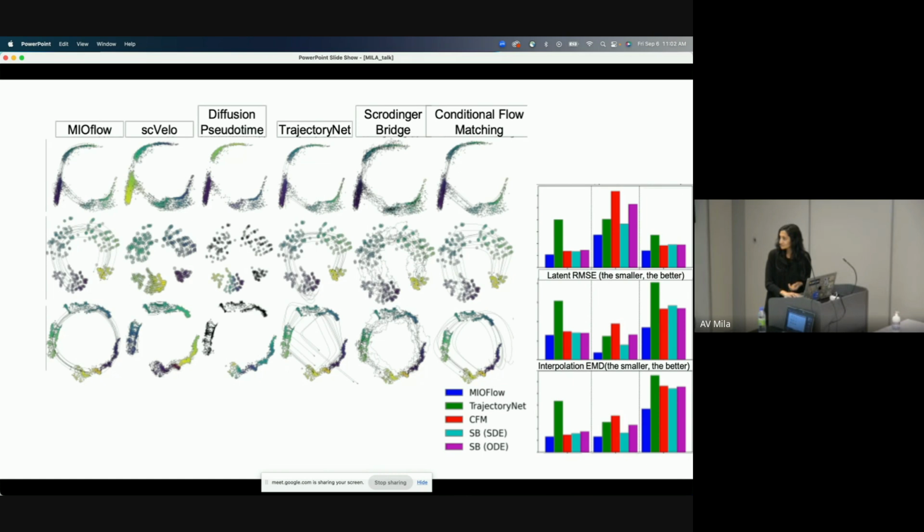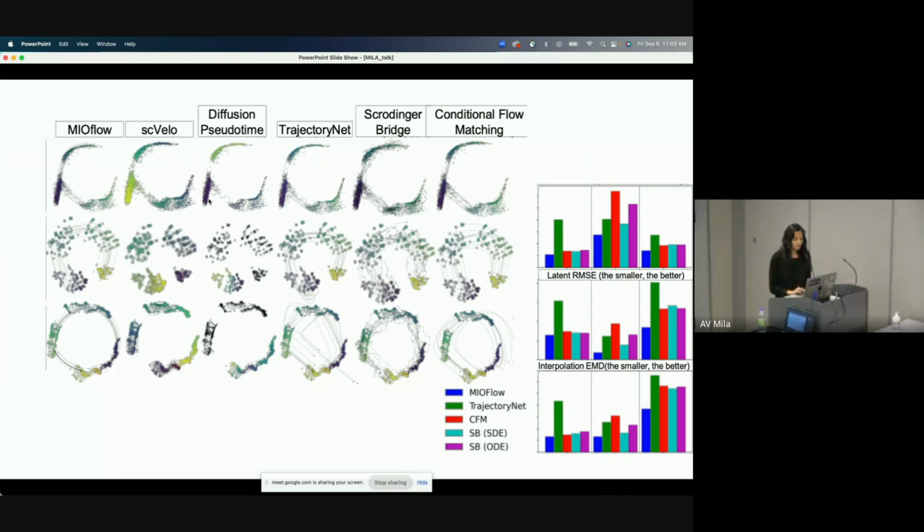In a recent comparison, we've compared MIOFlow to different things. Quantitatively speaking, it's possible to compare against other flow methods. Qualitatively, you can compare against things like RNA velocity and even pseudotime, because RNA velocity just gives you arrows, it doesn't give the full trajectories.